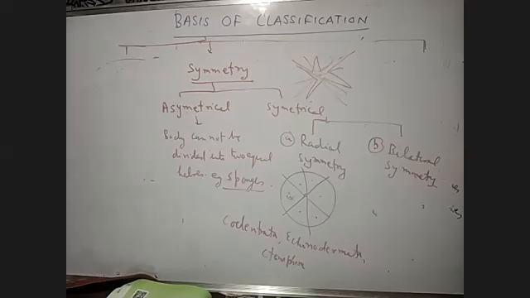Animals like Annelida, the earthworm, or Arthropoda, such as insects like butterflies, are examples. These two halves have exactly the same kind of organ system.